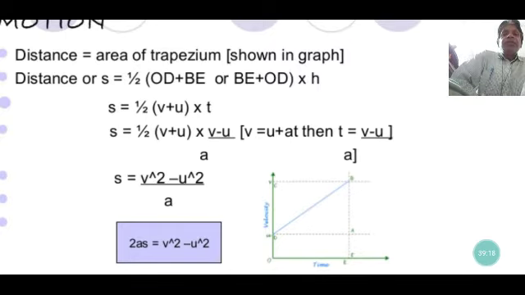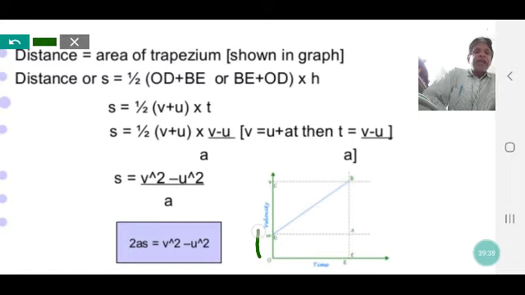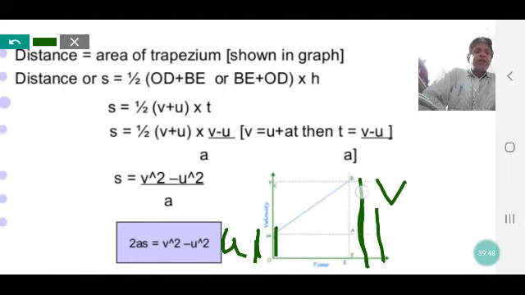The area of the trapezium is the sum of parallel sides into half, times the distance between them. One parallel side represents u and the other represents v. These are the parallel sides, and the distance between them is t.